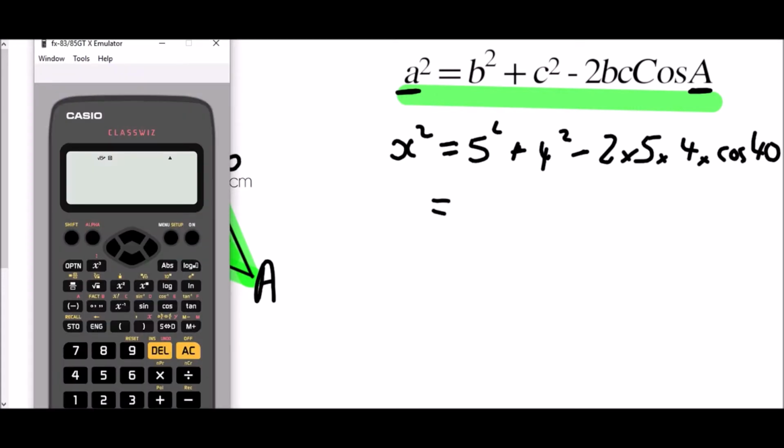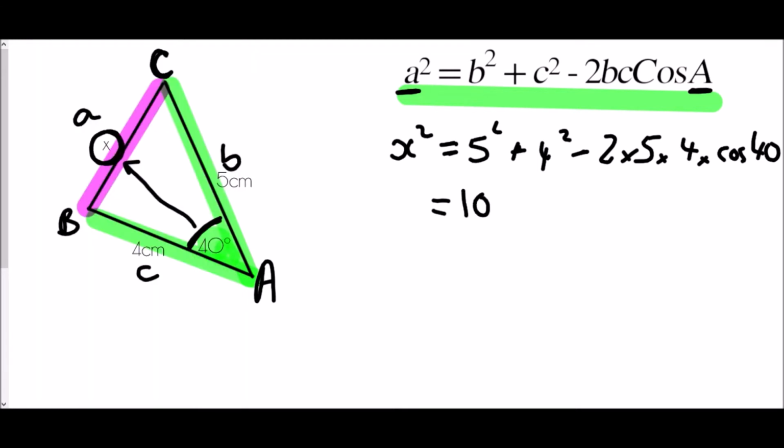So all we're going to do is type exactly that in. 5 squared plus 4 squared, take away 2 times 5 times 4 times cos 40, close our bracket, press equals, and we've got 10.358. Now, 10.358 seems like quite a large number, and the reason is that is x squared.